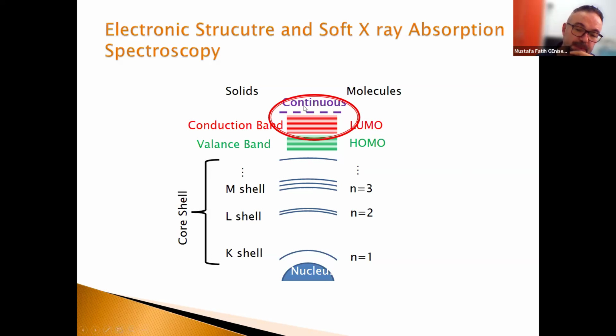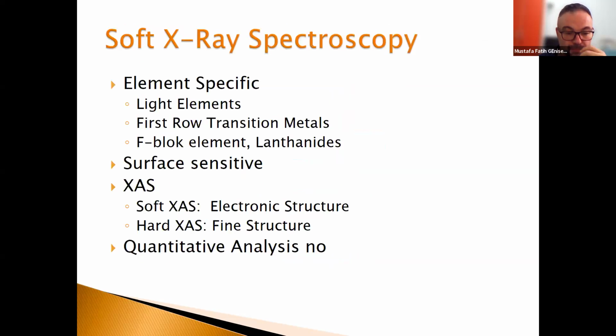It gives us the picture of the conduction band or LUMO, which is very important for photovoltaics, which is very important for batteries, which is very important for catalyzers. And it's surface sensitive, so we can use this in these critical areas.